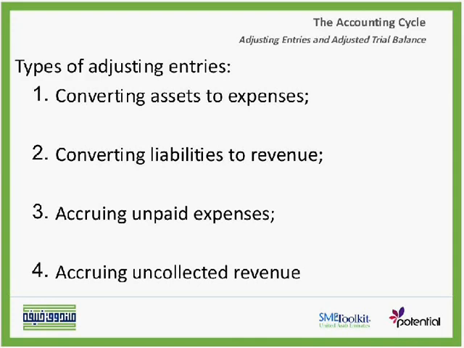3 common examples of adjusting entries to convert assets to expenses are the recognition of depreciation expense on plant assets. As you know, assets last for a long period of time, and we have to deduct depreciation from that asset for the period that we are using it to generate revenue.